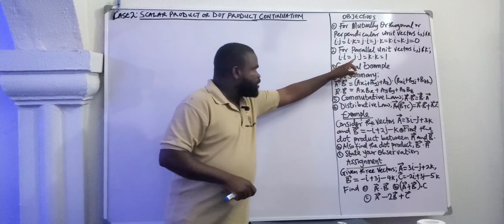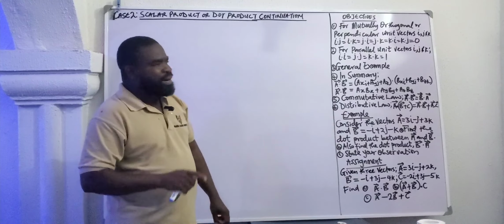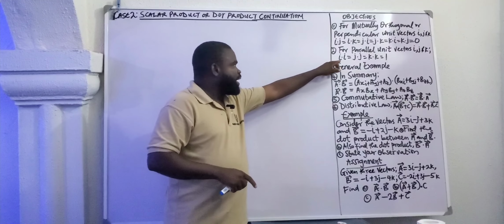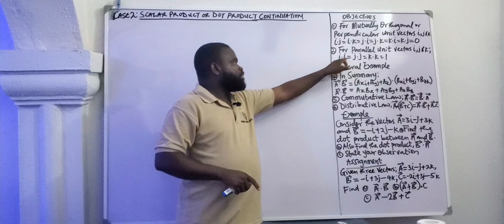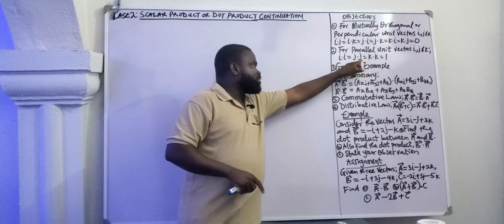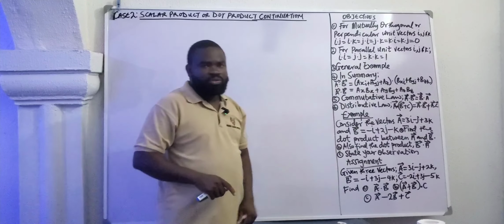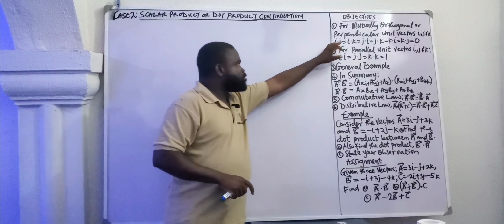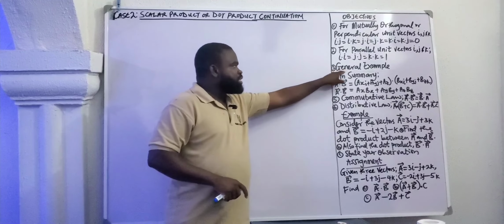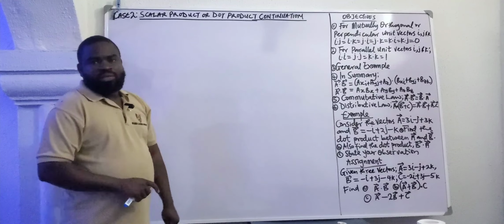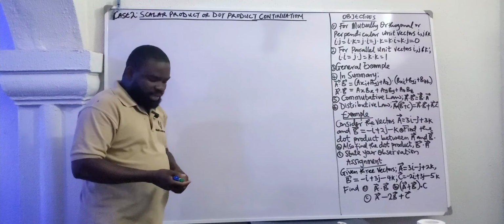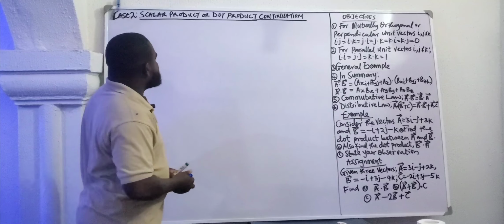It means that if two unit vectors are parallel to each other, then I dot I, J dot J, K dot K is equal to 1. We are going to now apply these two concepts to obtain a general equation for solving dot product or scalar product. Hence this class of today.